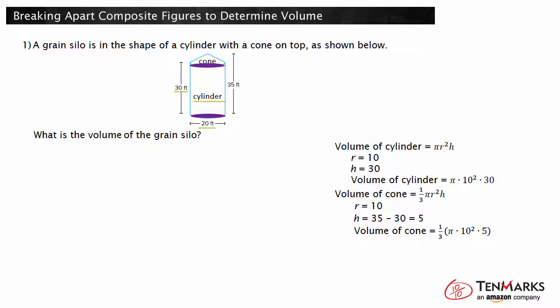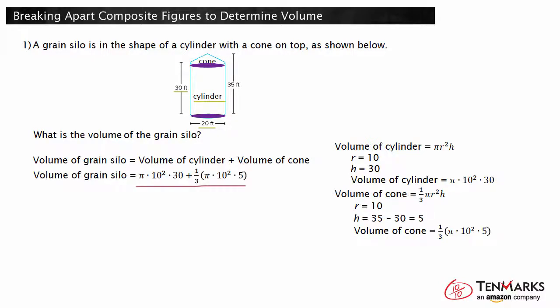Because the cylinder and cone are combined to make the composite figure, the individual volumes must be added together to determine the volume of the grain silo. So the volume of the grain silo is pi times 10 squared times 30 plus 1/3 times pi times 10 squared times 5.